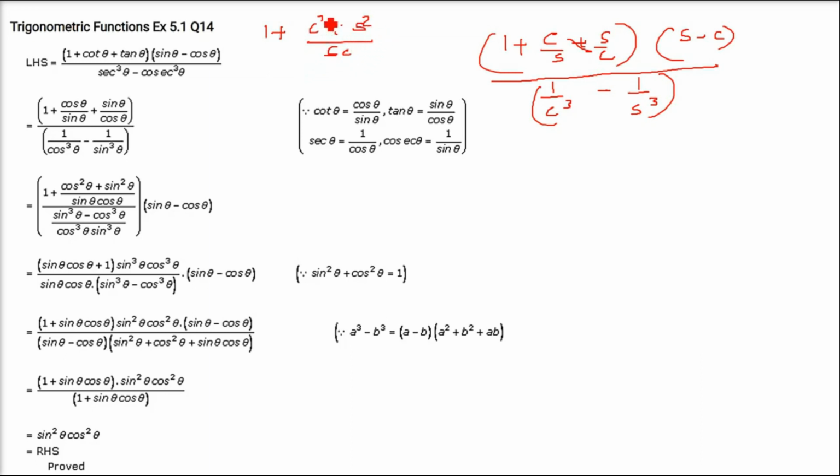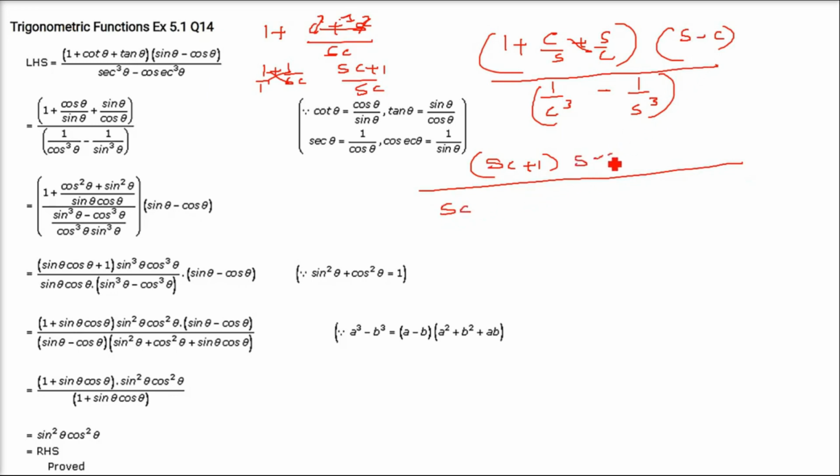Now this is sin square plus cos square, this will be 1. So you get 1 plus 1 by sin cos. So how to solve this? It will be sin cos plus 1 by sin cos. So this whole becomes sin cos plus 1 by sin cos. This remains here, s minus c.